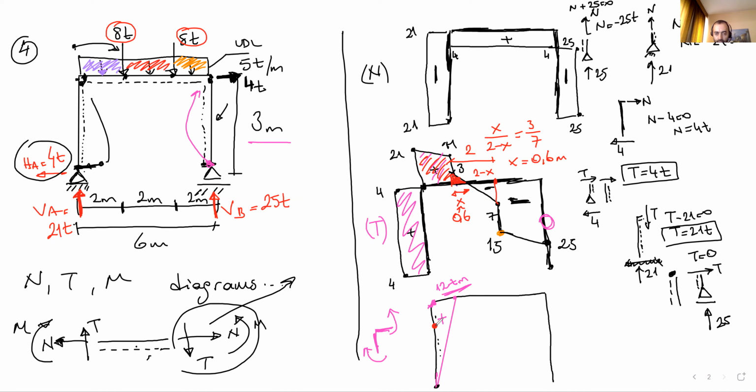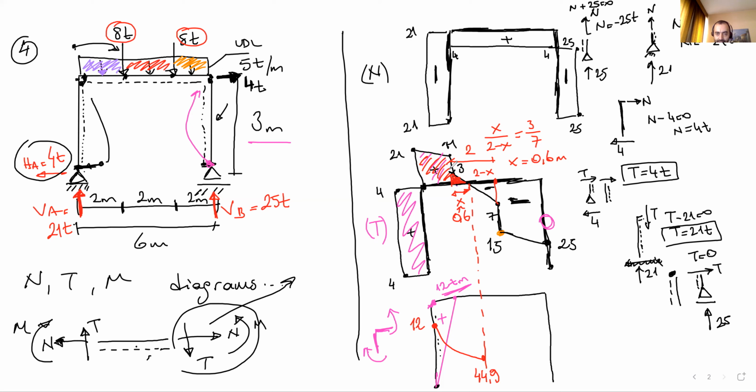Now, what is our start point for the beam? This is 12. What we are gonna add, because it's positive, is 32.9. So 32.9 plus 12 is gonna be 44.9.